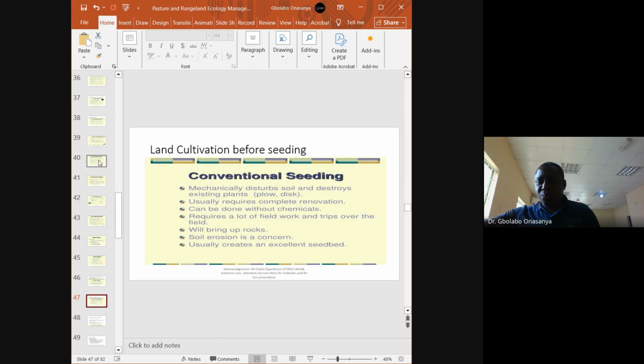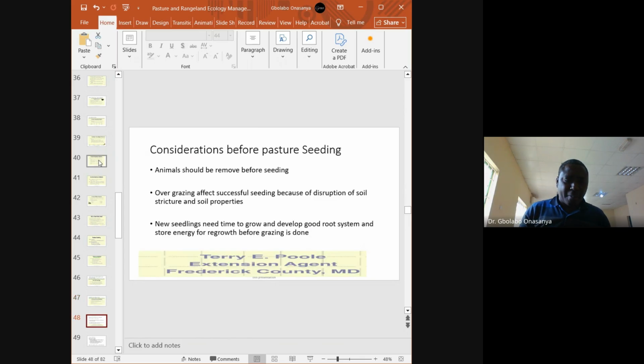Then the stumps will have been removed, the stones will have been removed, the rocks will have been removed. Then it will provide an enabling bed for our seed to grow. So it has its own advantage. Am I speaking sense? Fantastic.